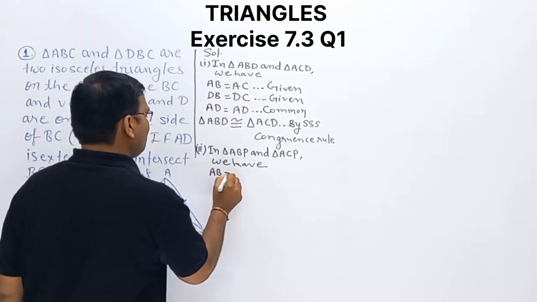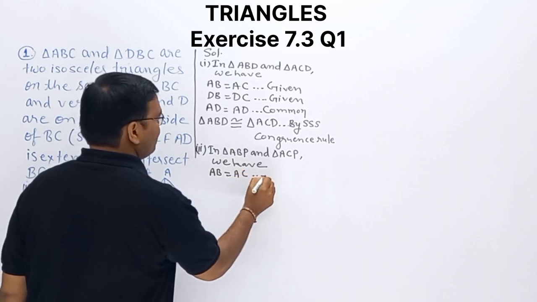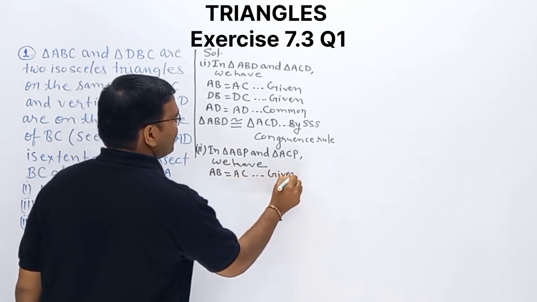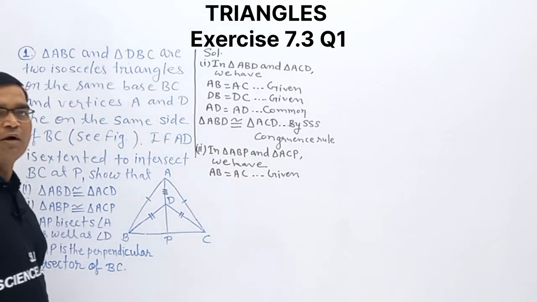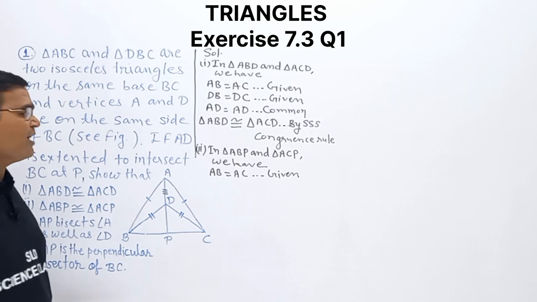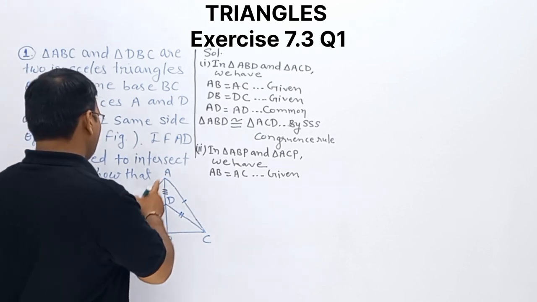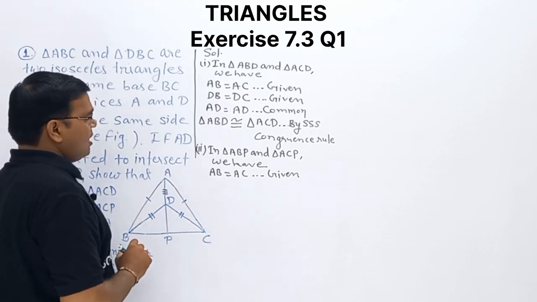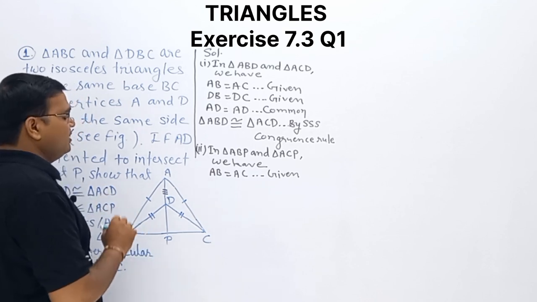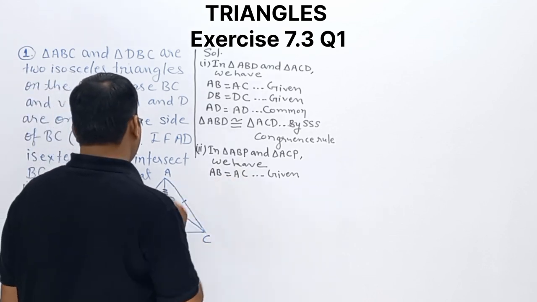AB equal to AC, it is given. Both sides are equal, no doubt. Why? Because ABC is an isosceles triangle, so its two sides are equal, and it is given as AB equal to AC.